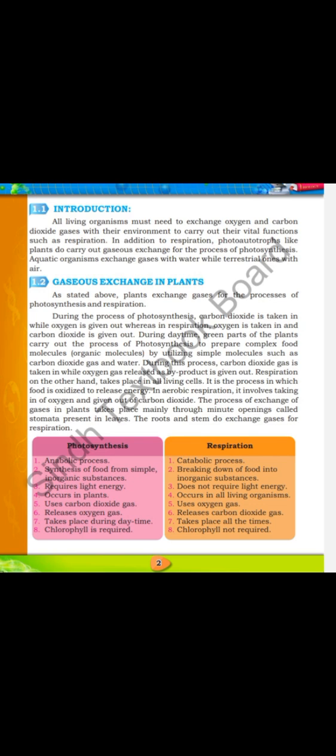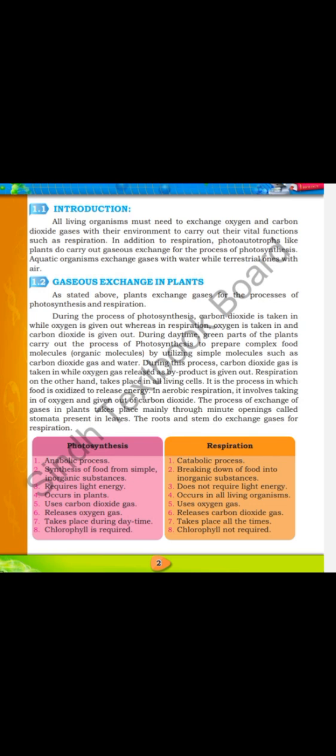The process of respiration in the presence of oxygen is known as aerobic respiration, and during respiration energy is released which is used for the different functions and activities of life.